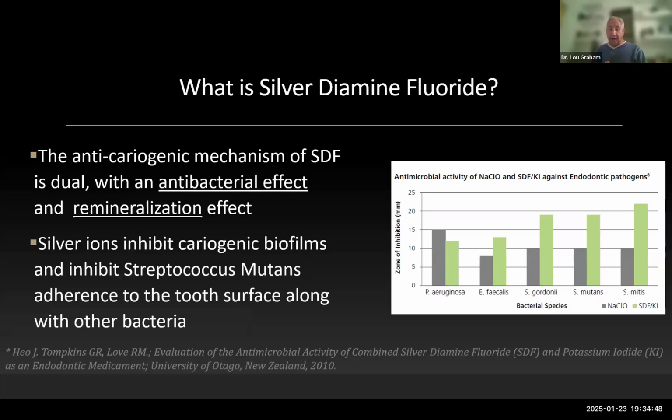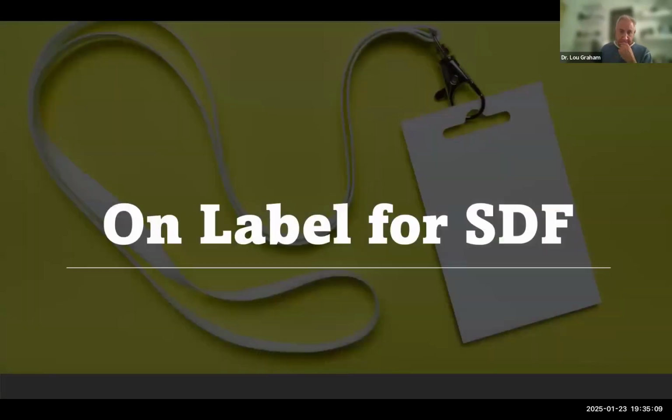As you can see on the graph next to it, there are doctors who use SDF, for example, in Australia, New Zealand, and Europe to do root canals. That's why you'll see it works against E. faecalis and other bacteria. So it is absolutely there to inhibit cariogenic biofilms.